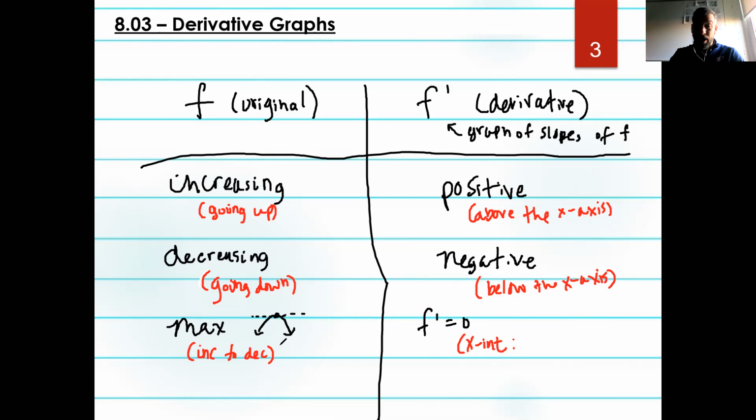And we know that not only is it going to be 0, it's going to be changing from increasing to decreasing. So that must be not only crossing the x-axis, but crossing from the positives, increasing, right, positive slope, to negative, decreasing, crossing from positive to negative.